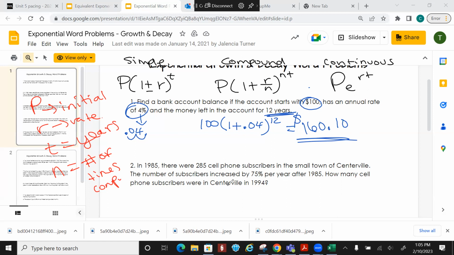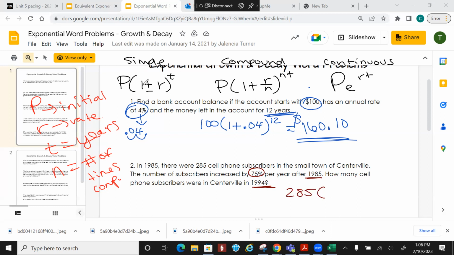All right, go ahead and take a look at the next one. In 1985, there were 285 cell phone subscribers in the small town of Centerville. The number of subscribers increased by 75% per year after 1985. How many phone subscribers were in Centerville in 1994? So how many do we start off with? 285.